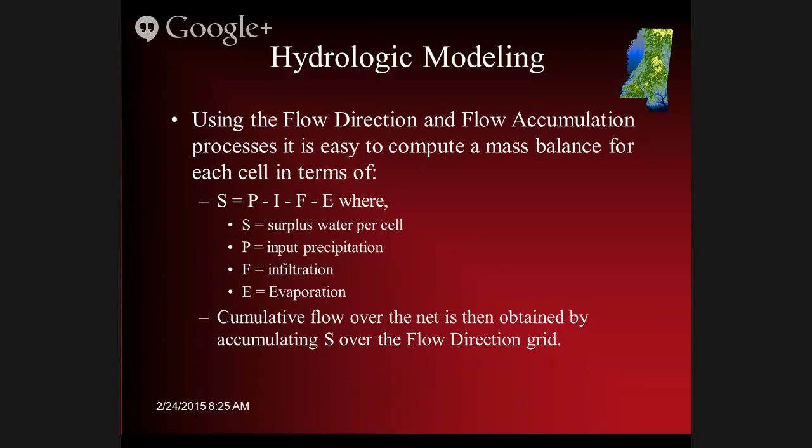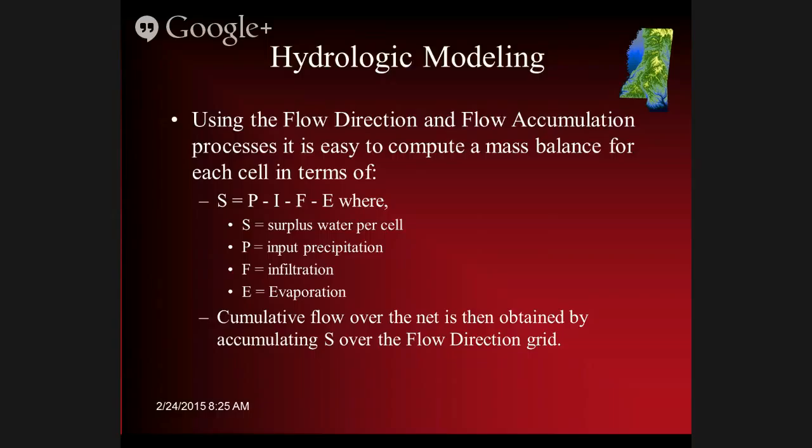And we could come up with a mathematical expression that would yield what infiltration was. And the amount of infiltration that occurred at a certain location would then be used in combination with the input precipitation, how much water actually precipitated at that cell. And so the infiltration would just be multiplied by that precipitation value.